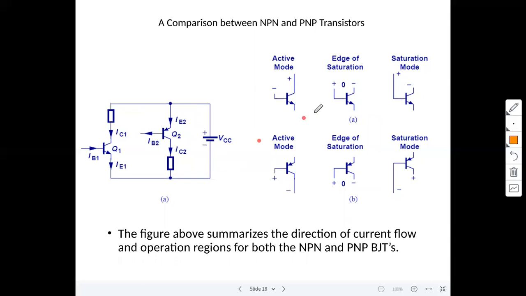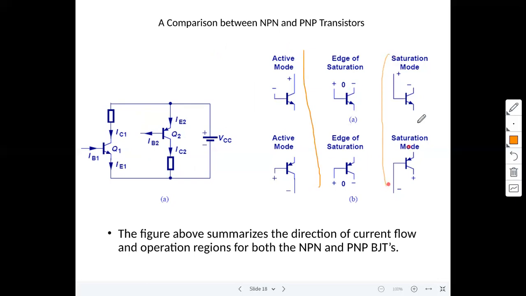These are some points of comparison between NPN and PNP transistors. How are we going to connect them? This is an NPN transistor. Generally, a load is connected at the output terminal, that is the collector. This is a PNP transistor, and here also the load is connected at the collector terminal. These are the connections for active mode and saturation mode.